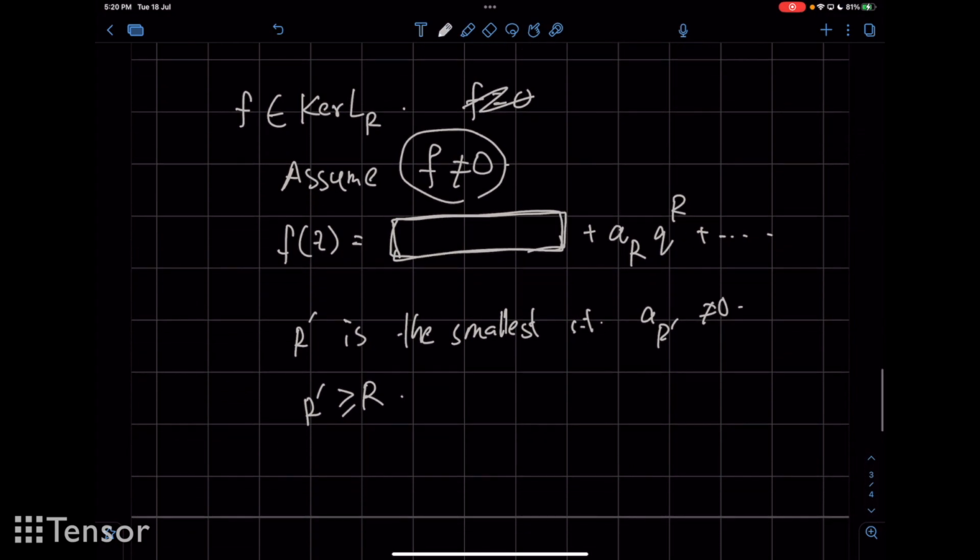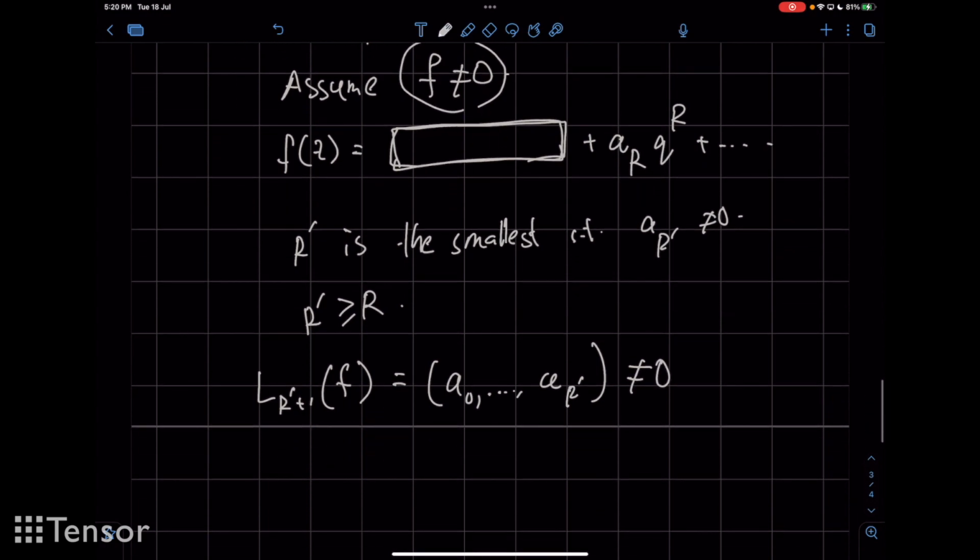Then what about L_{r'+1} of f? This L_{r'+1} of f is given by a_0 times a_{r'}, and a_{r'} is non-zero, so this is not 0. Therefore f is not in the kernel of L_{r'+1}.